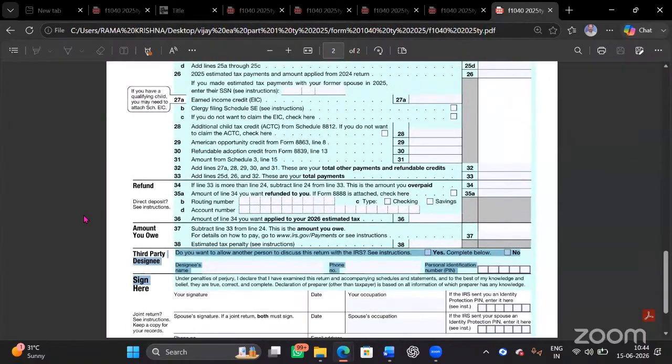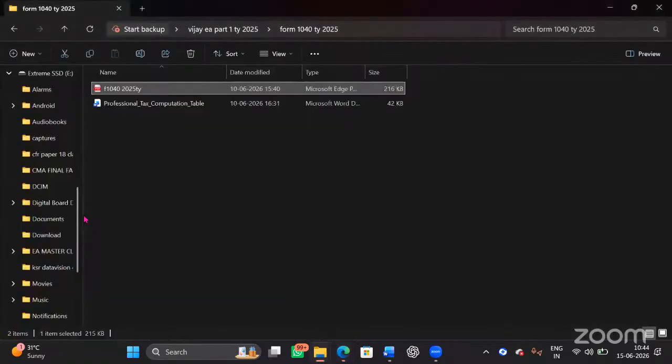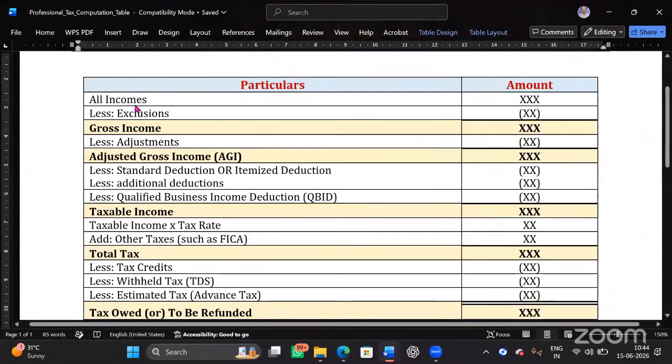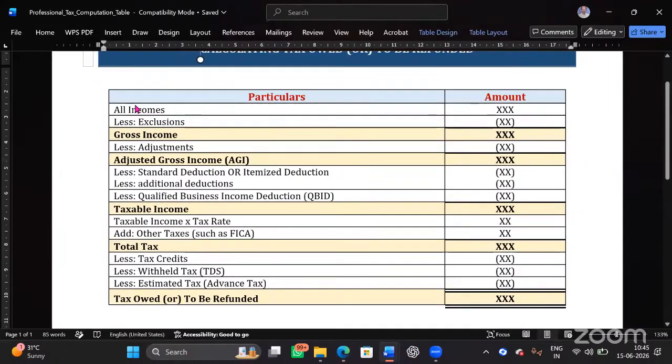And I am asking every student to write out my manually prepared document. This is navigating documents. If any student is able to understand all these items, automatically they will understand form number 1040.